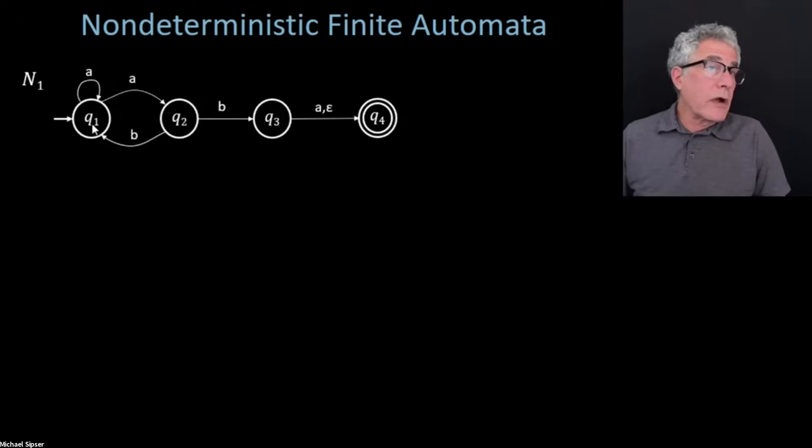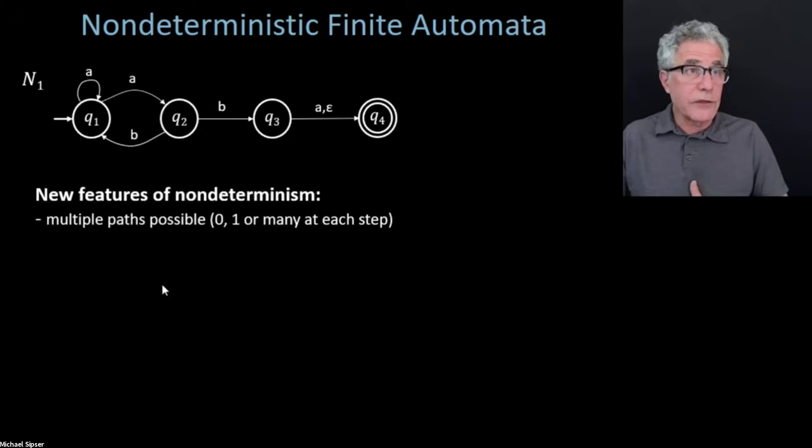And furthermore, on Q1, if you get a B, then there's nowhere to go. That's also possible within nondeterminism. So let's just start looking at these features. There are multiple paths possible. You might have one way to go, as we had before, or many ways to go at each step, or maybe zero ways to go at each step.